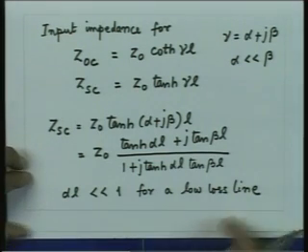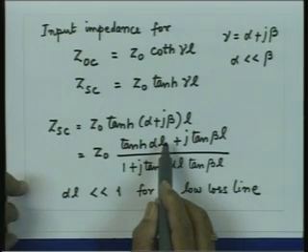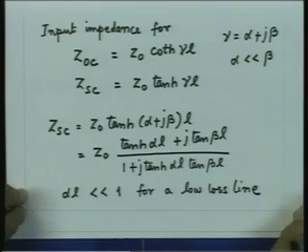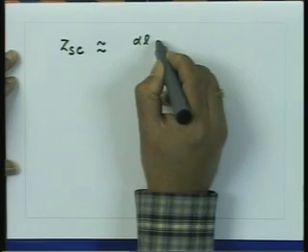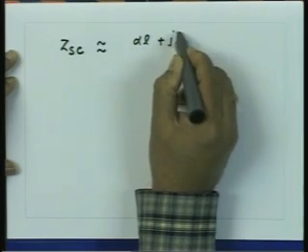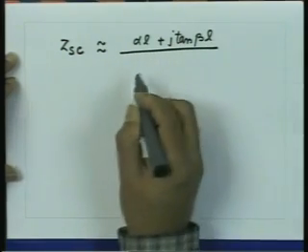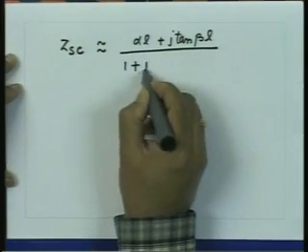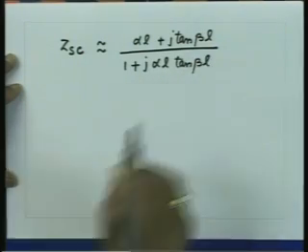Once I get this, then I can make an approximation that tanh alpha L will be approximately equal to alpha L. So, if I substitute that, then the input impedance of a short circuited line, ZSC, will be approximately equal to (alpha L plus j tan beta L) divided by (1 plus j alpha L tan beta L).